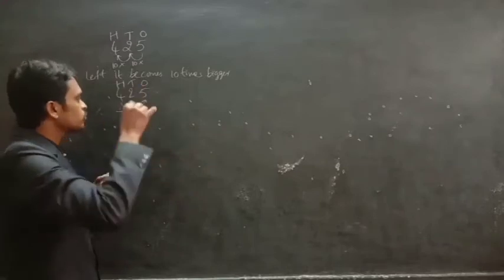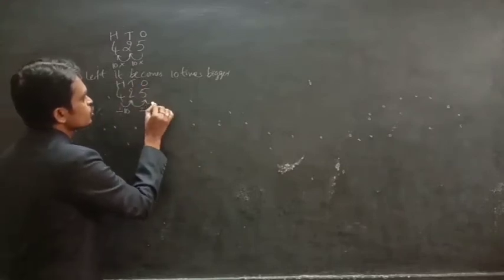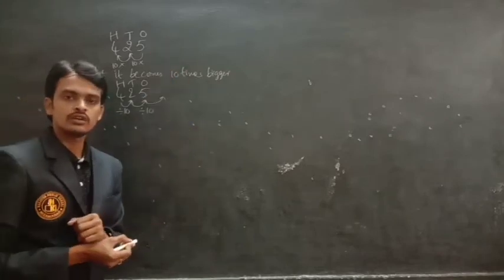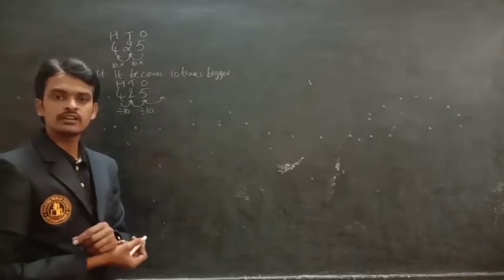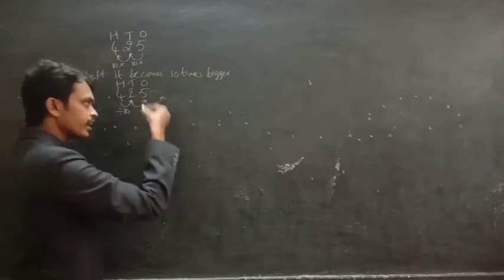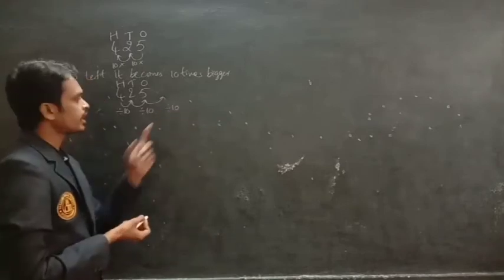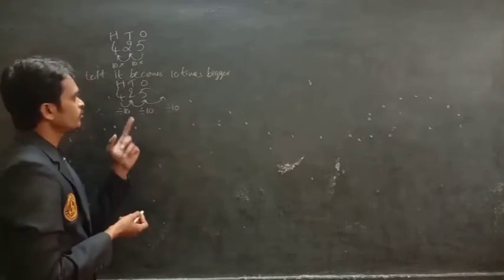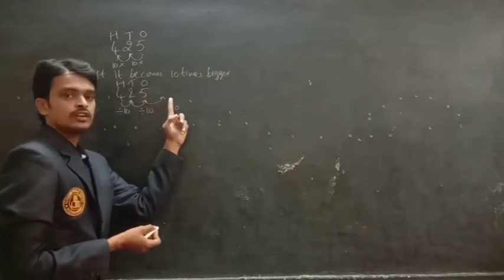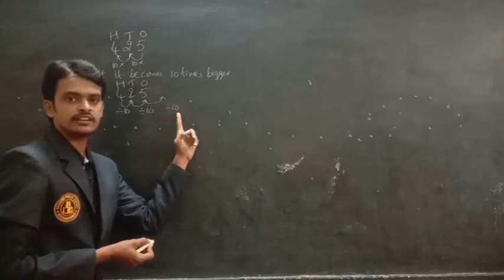If I move from the 1's place further towards the right, what will happen? Again I need to divide it by 10. So from the 1's place I am moving towards the right side, again I divide it by 10.